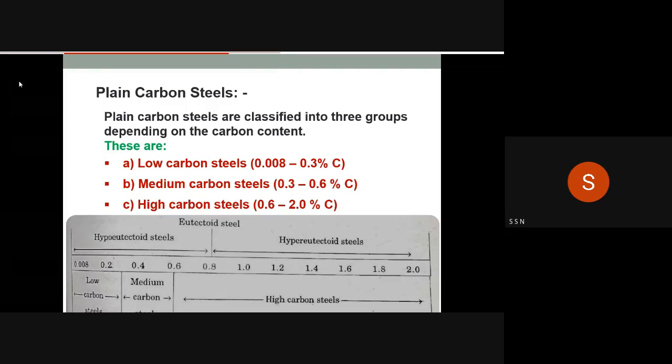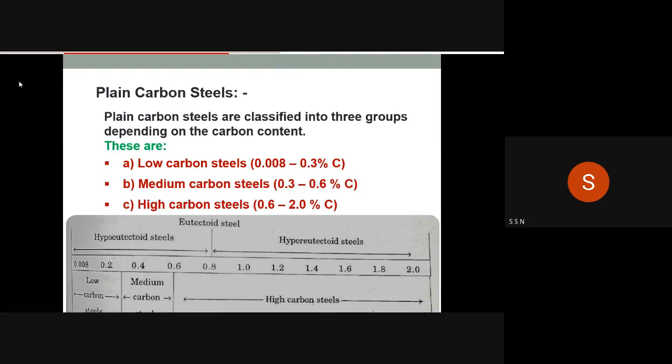So in steel, the percentage of carbon is from 0.008 to 2%, and in cast iron, it is from 2% to 6.67%. Remember this for multiple choice question purposes.